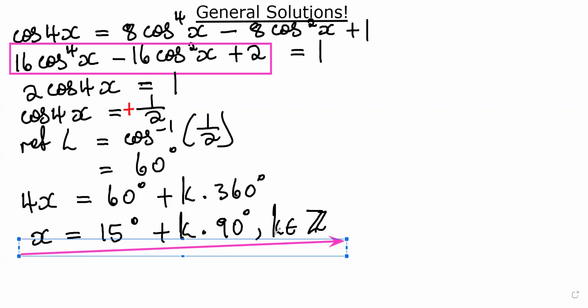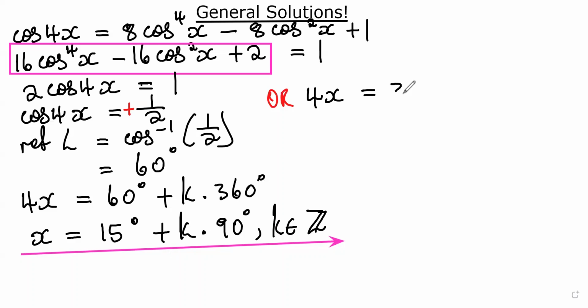But of course, we are not done. We go to the fourth quadrant and say, in the fourth quadrant, this is actually what is happening. Our 4x will be equal to 360 degrees minus the reference angle. And then we add our k times 360 degrees.